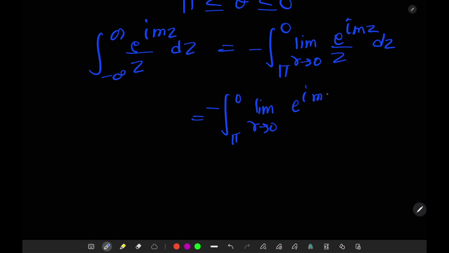Now this becomes this and divide by this value, this is cancelled out by this value. On putting r equals 0, this value becomes 1. On integration we get iota pi, as iota is left.